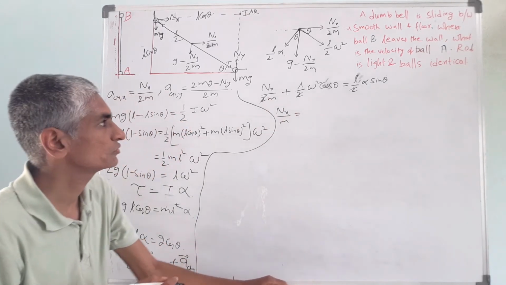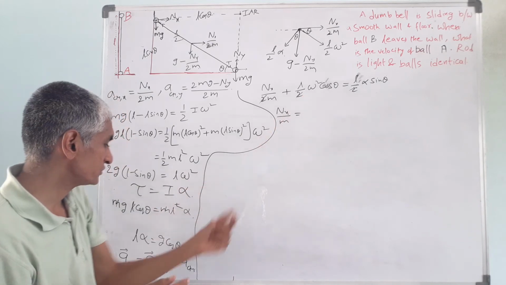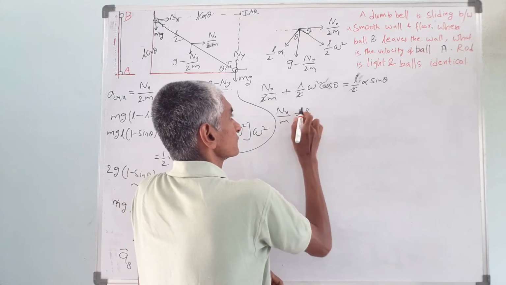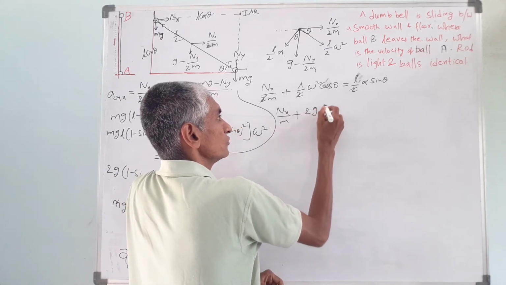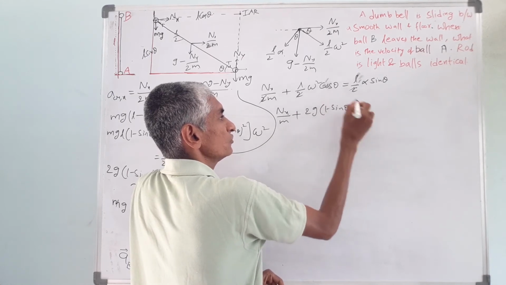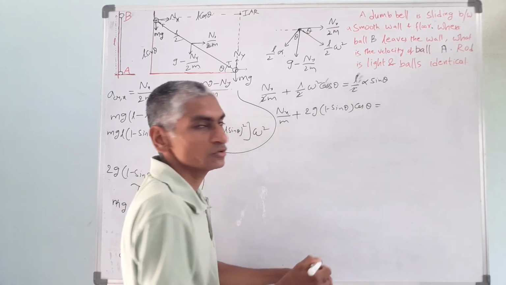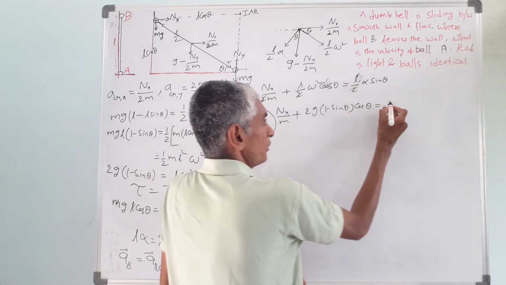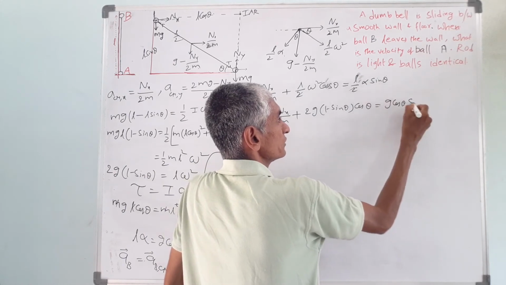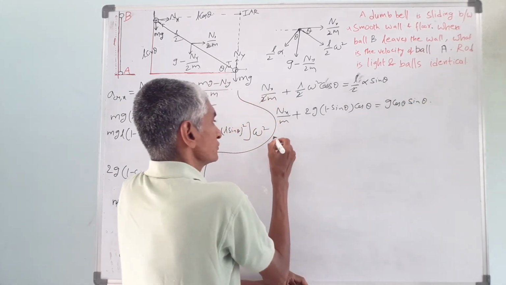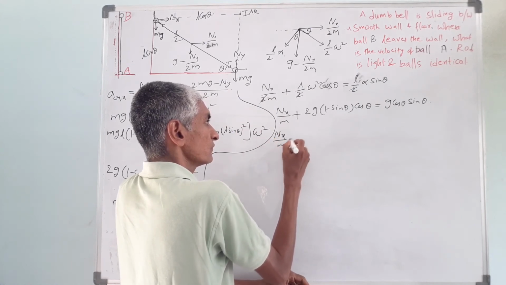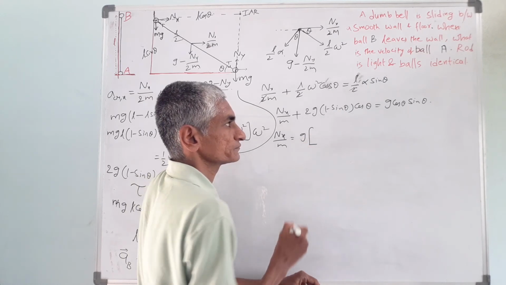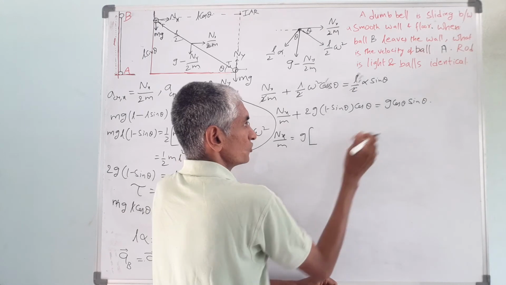Nx by m plus L omega square cos theta. L omega square I have derived as 2g into 1 minus sin theta. So it is L omega square, that is 2g into 1 minus sin theta, into cos theta, is equal to L alpha, which we have derived as g cos theta, into sin theta. So I got Nx by m now. Taking it this side, g is common. Here sin theta cos theta.